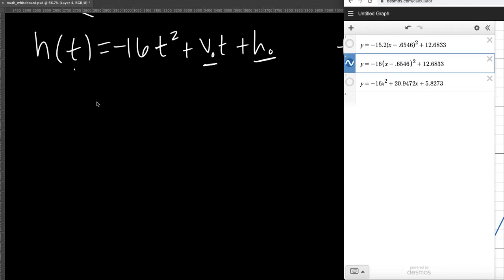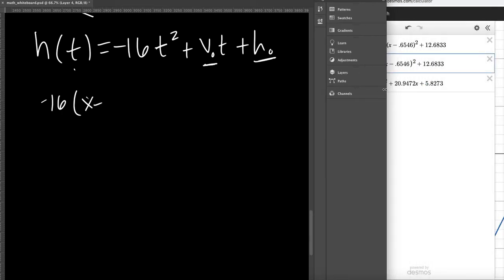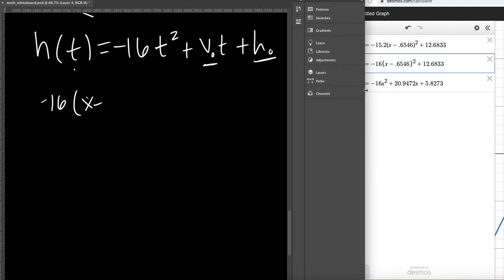So negative 16 times (x minus 0.6546) squared plus 12.6833. Okay, so this is going to be my new equation. I just changed that to a negative 16.